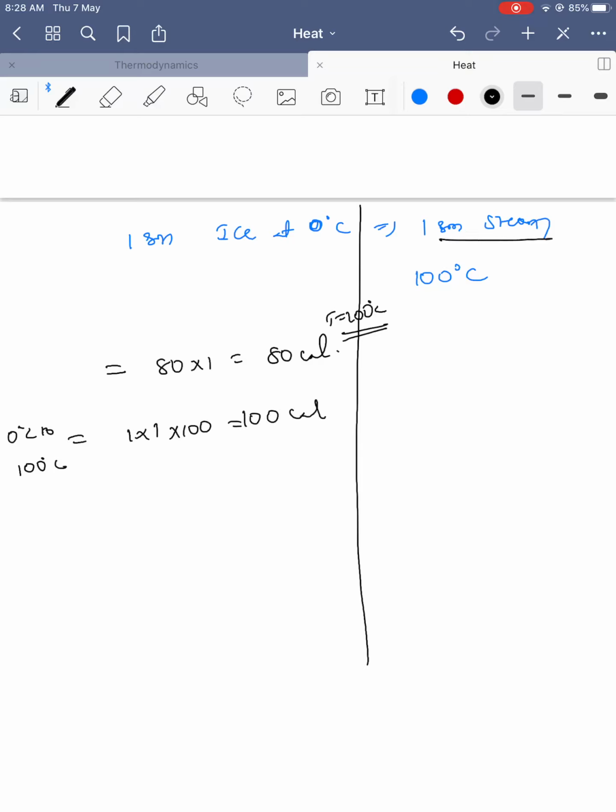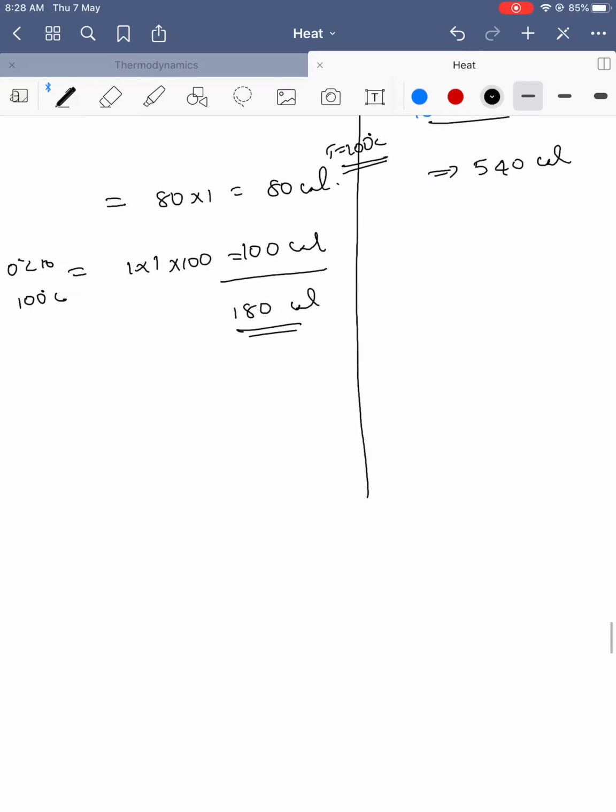Let's see how much energy it releases. If 1 gram of steam is condensed, previously we saw 540 calories of energy is released. So the water needs only 180 calories to become water at 100 degrees Celsius. So if it is 100 degrees Celsius, then equilibrium is achieved. So 180 calories is required.